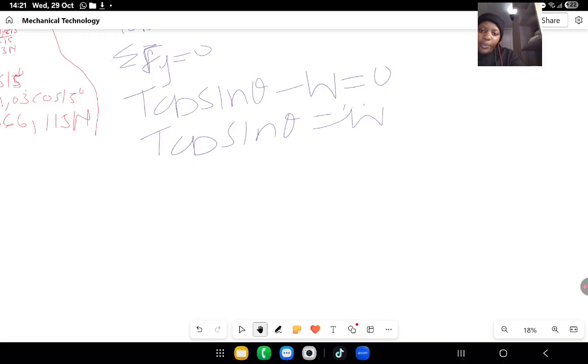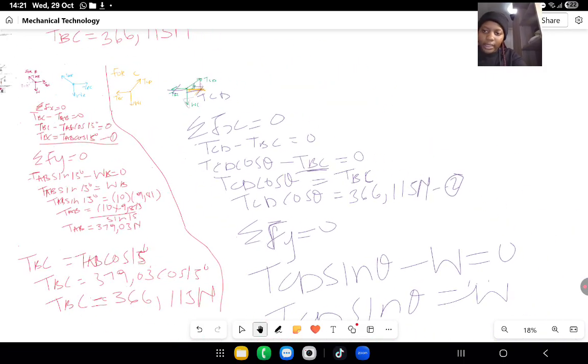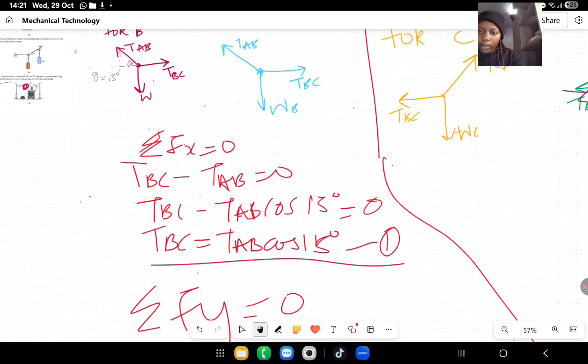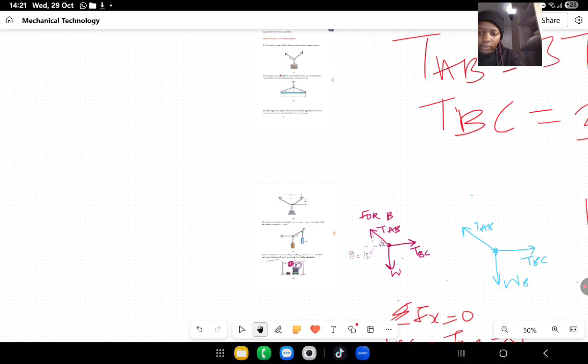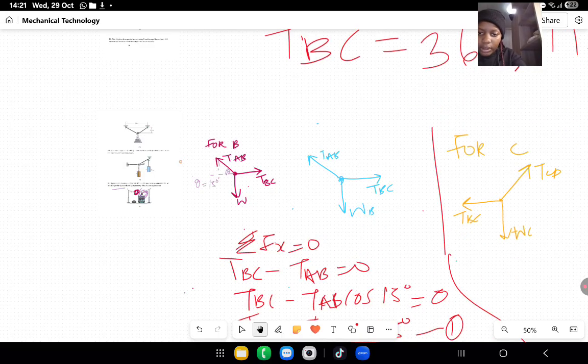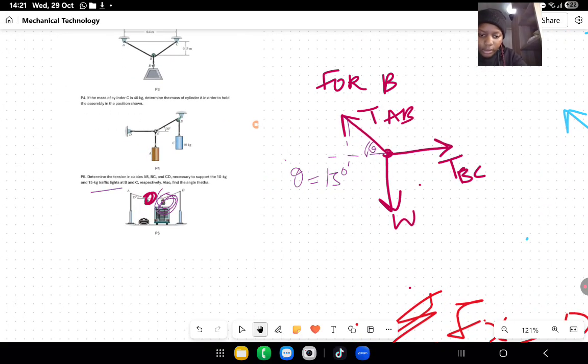So when we go back, we can see that they gave us the mass for here, which is 15.